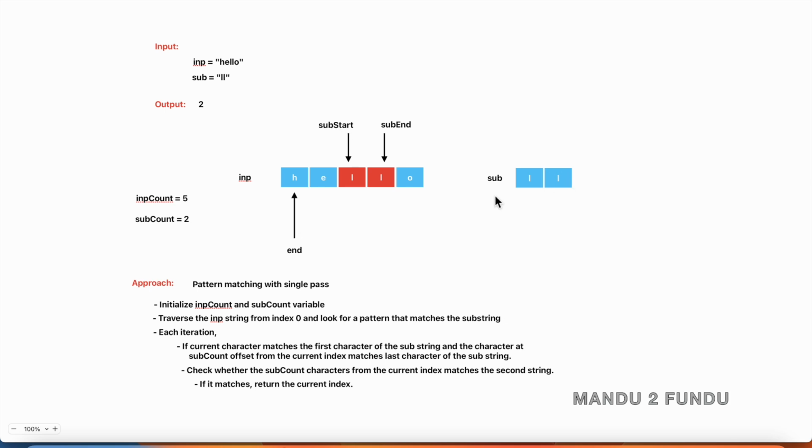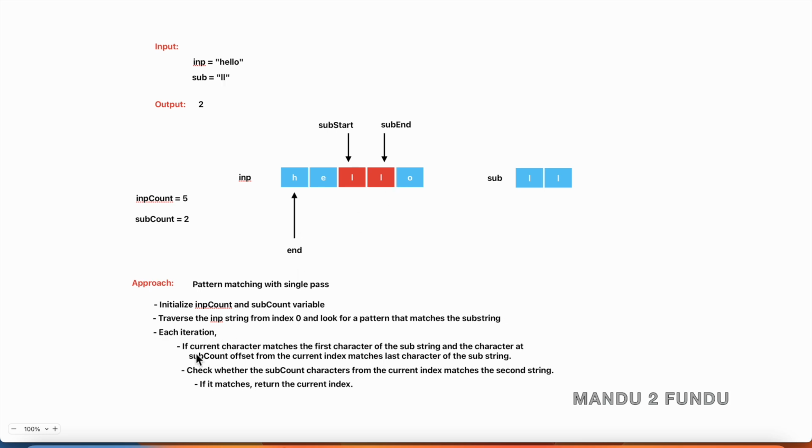If both the first and last characters match, then we check whether the substring from substart to subend is equal to the substring value. In that case, we can return substart as the first occurrence of this substring.